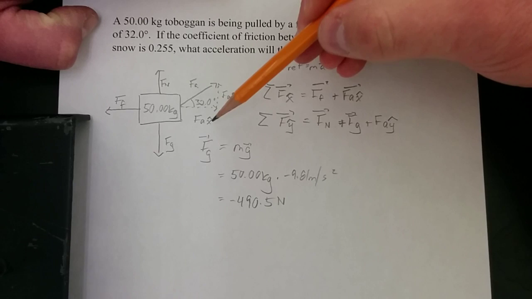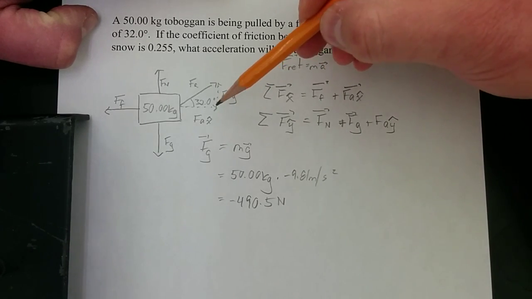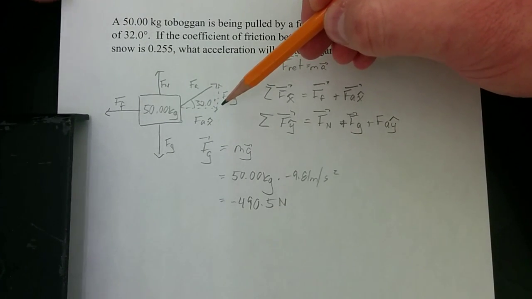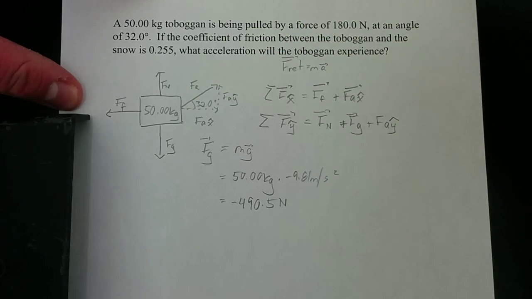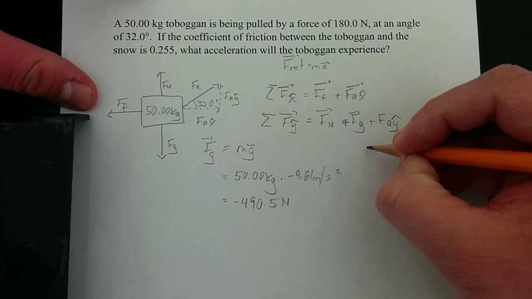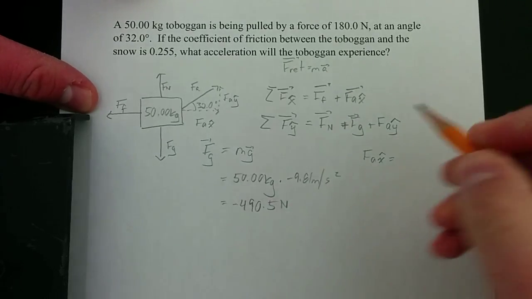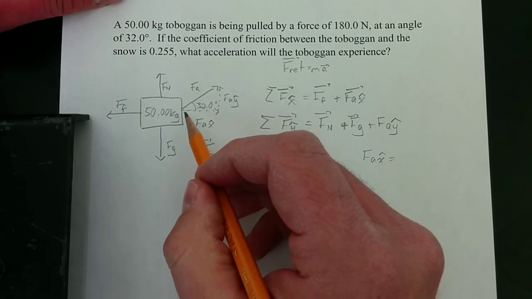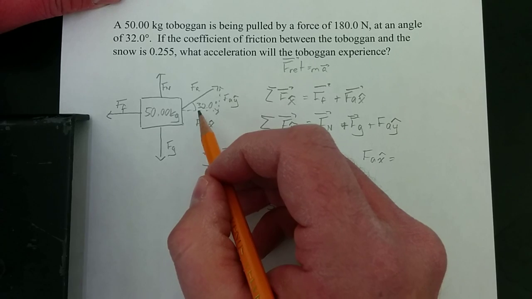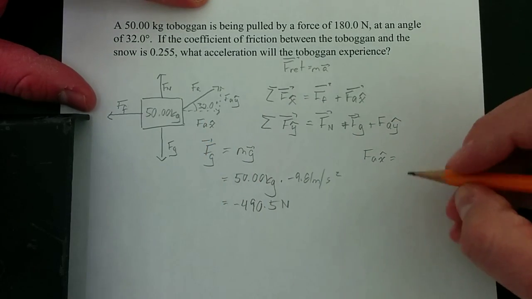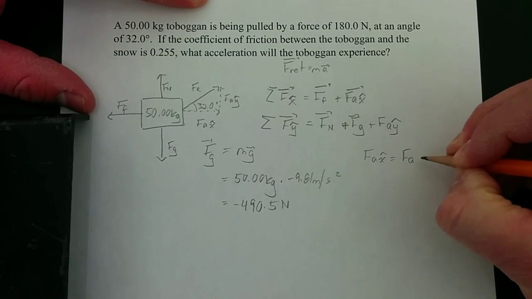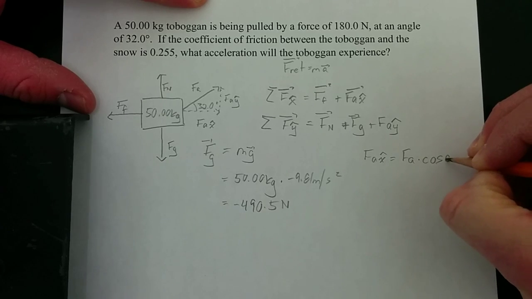Now I can find my two components. I had them up here, Fax hat and Fay hat. This is resolved into a right triangle, so I can use some trig to find out what those values are going to be. So I'm going to jump with the Fax first. When I take a look at that, I notice it's in the x-axis, and it's going to be adjacent to this angle. So I'm going to use cosine. So Fa times the cosine of my angle theta.